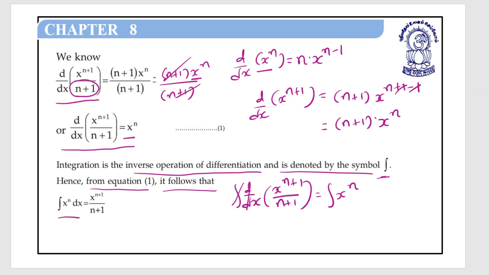Integration and d by dx cancel each other, so you will get integration of x raised to n dx is equal to x raised to n plus 1 upon n plus 1.